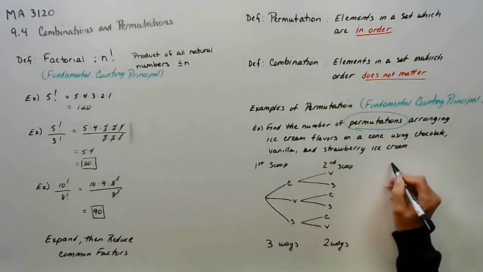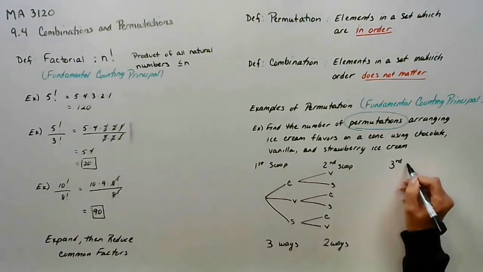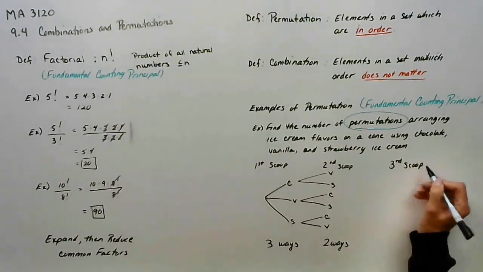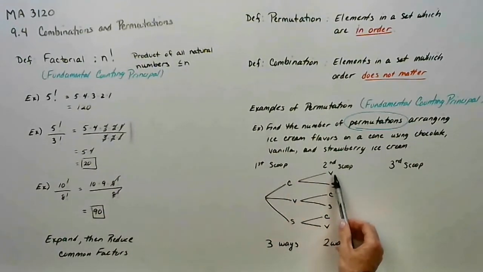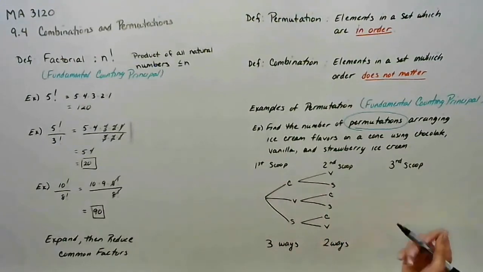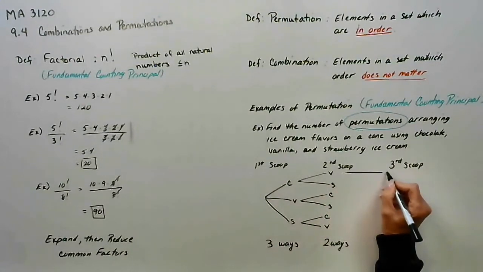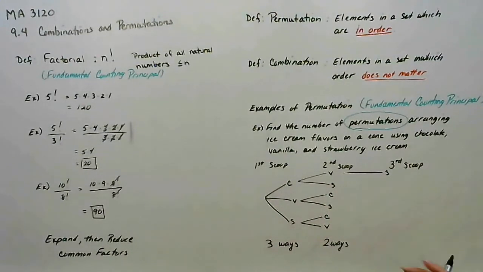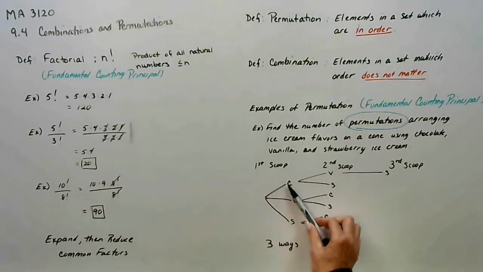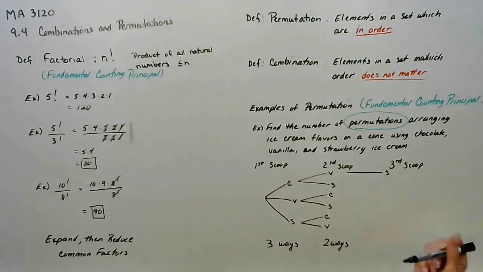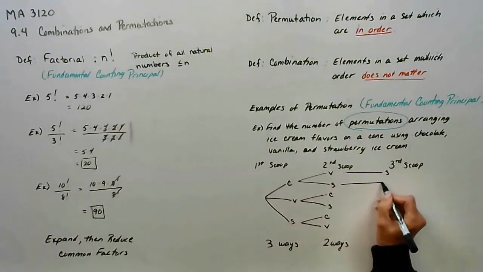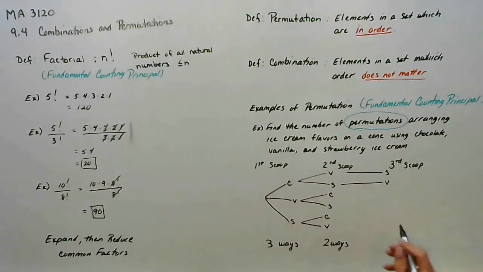And then following that same idea, this last scoop, well, if we have chocolate for the first one, and then vanilla for the second one, we only have 1 way, and that would have to be strawberry. If we have chocolate for the first scoop, followed by strawberry for the second scoop, then we only have 1 way, which would be vanilla.